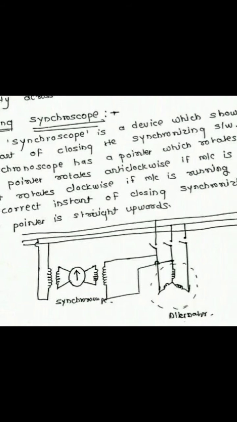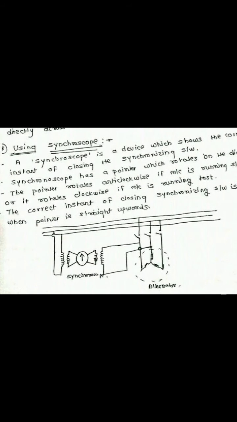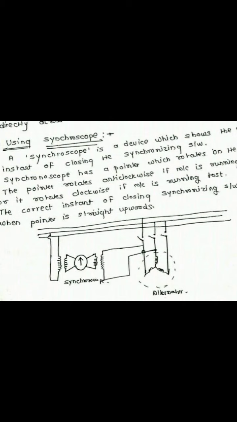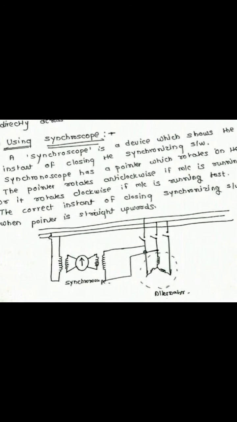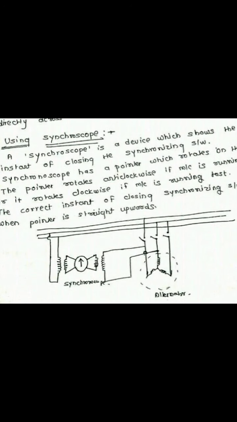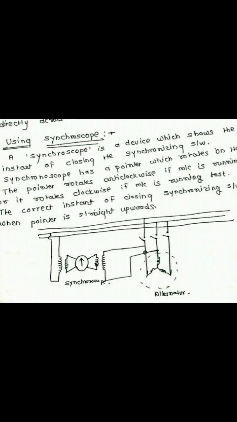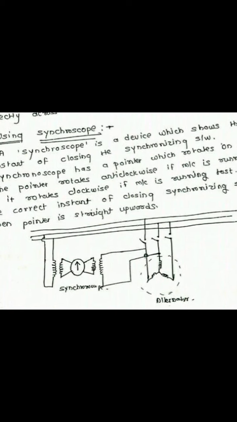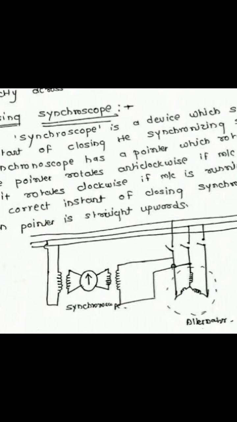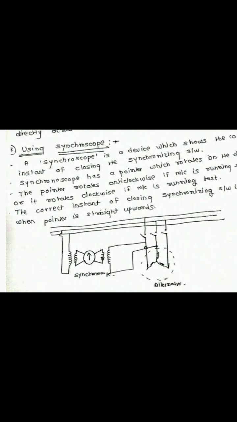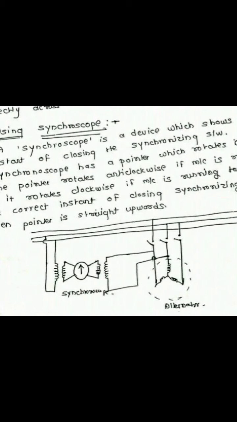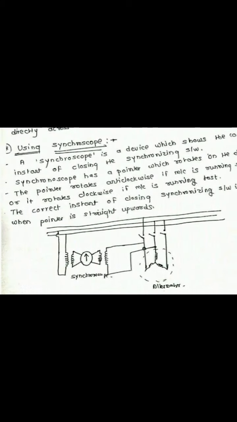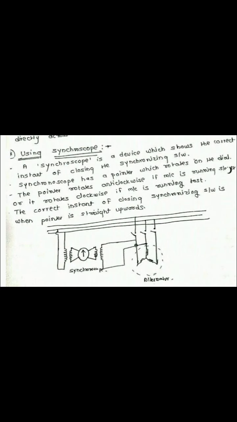As shown in the figure, there is a phase sequence RYB, in which the winding of the alternator is connected here. Again there is a triple pole switch, and on the left hand side there is a device which is called the synchroscope. If the pointer of the synchroscope rotates on the dial anti-clockwise, then we say that the machine is running slower.